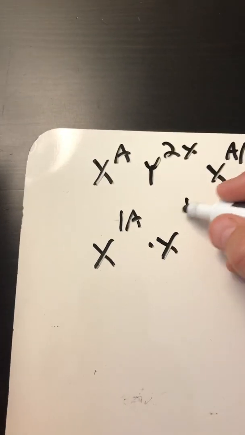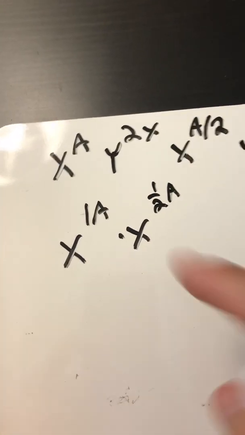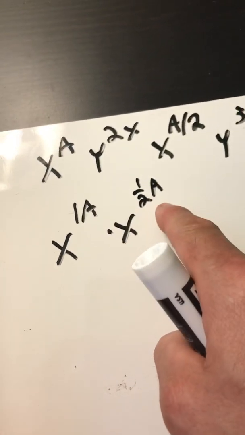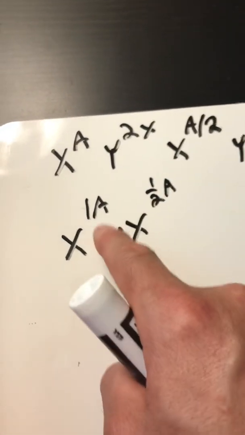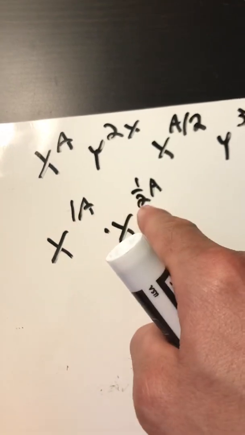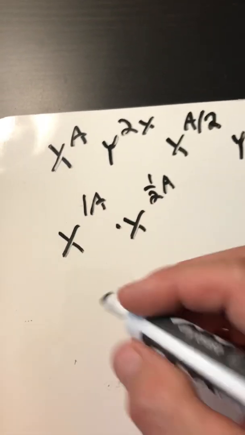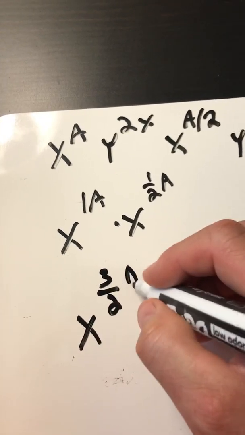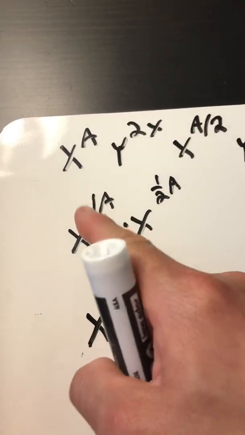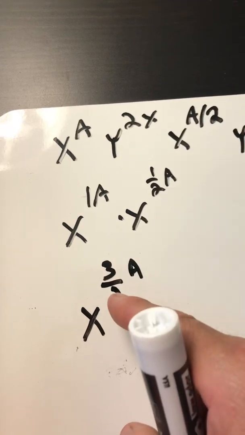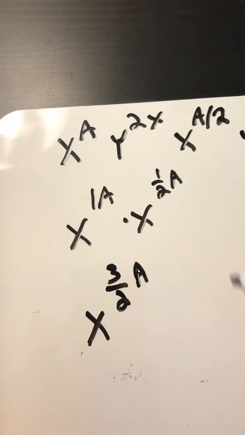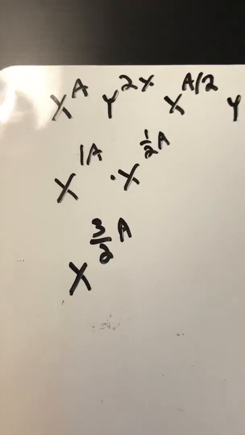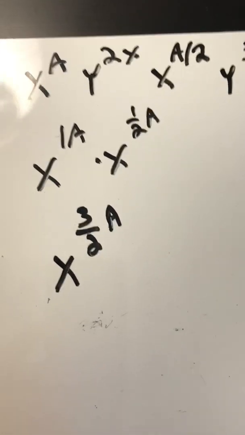So this is x to the 1/2 a. Okay, what's 1a plus 1/2 a? Common denominator, 2 over 2a plus 1 over 2a gives me 3/2 a, right? 1 plus 1/2 is 1.5. Keep the variable. You're just adding the number out front. You keep the label, keep the variable.